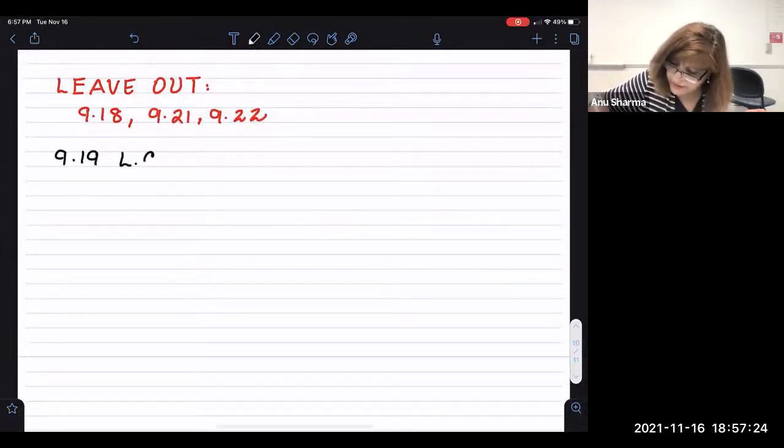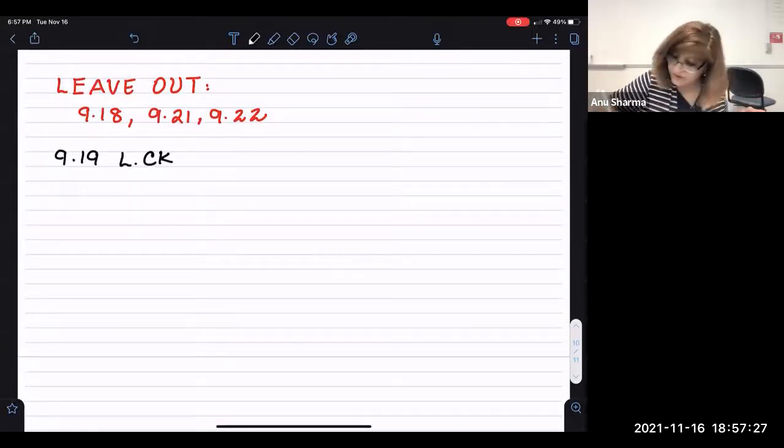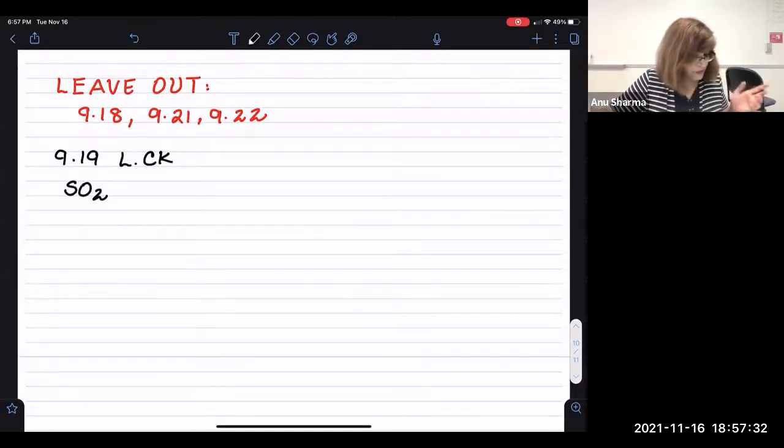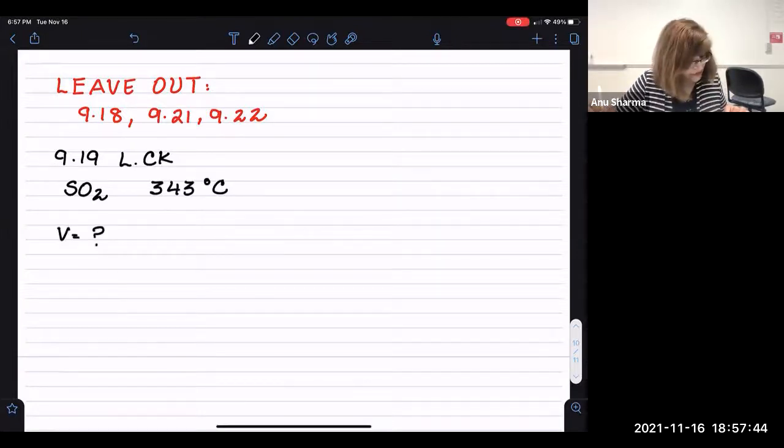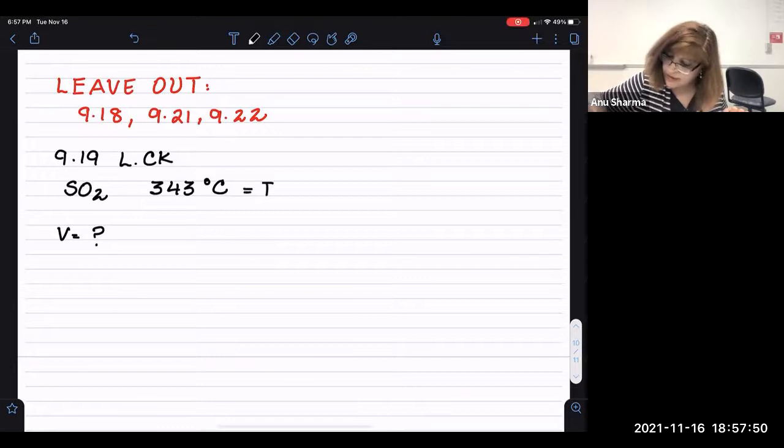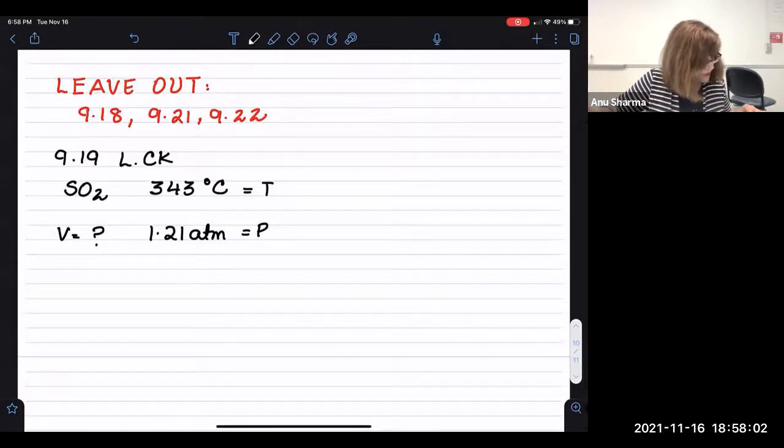9.19 learning check. Here you are given sulfur dioxide gas. Sulfur dioxide gas is an intermediate in the preparation of sulfuric acid. What volume of sulfur dioxide at 343 degrees Celsius and 1.21 atm is produced by burning 1 kilogram of sulfur in excess oxygen?